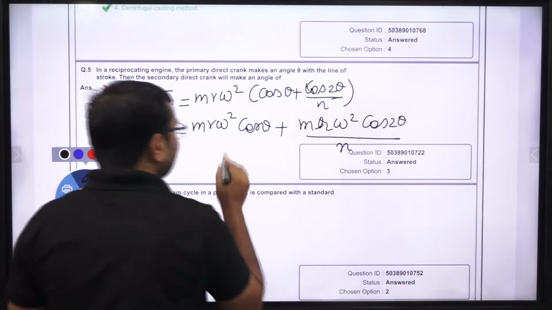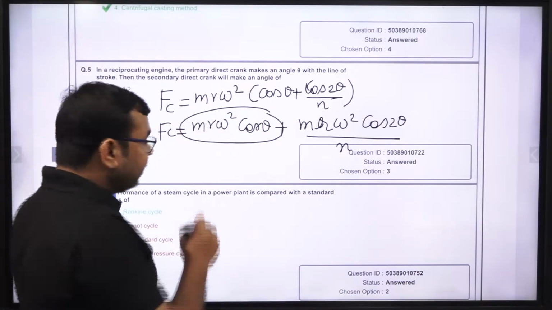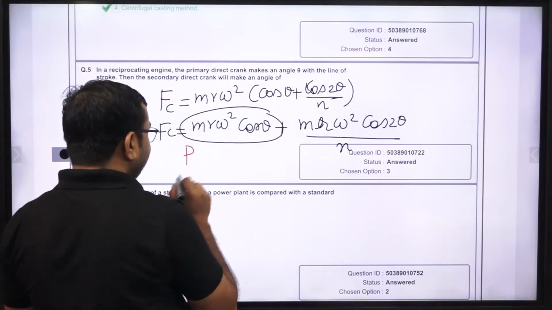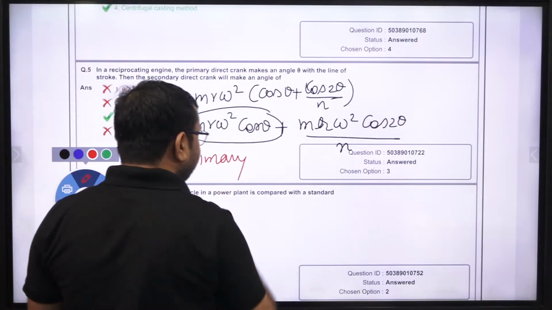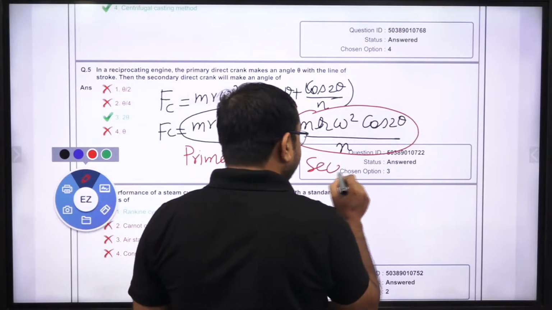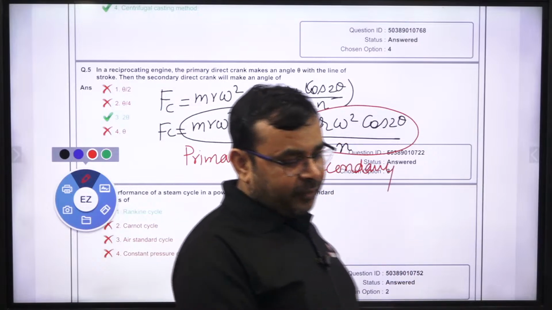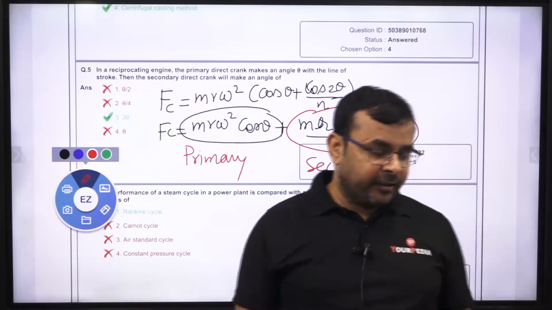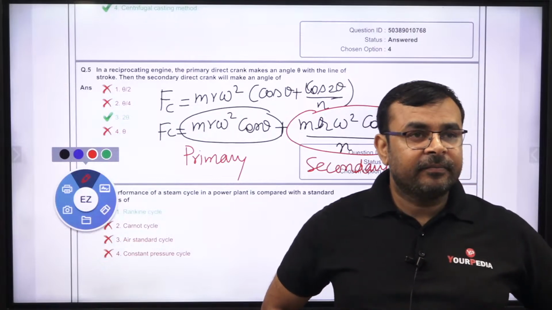Is it clear? So you can see this component is called the primary force. This is called the primary centrifugal force. And this is called the secondary centrifugal force, yes or no? Is it right?